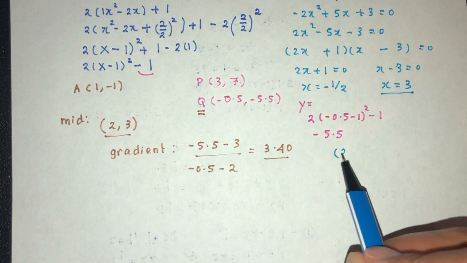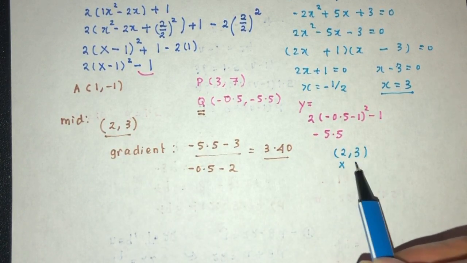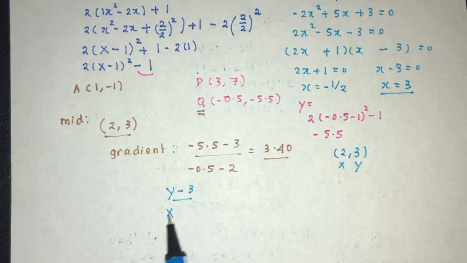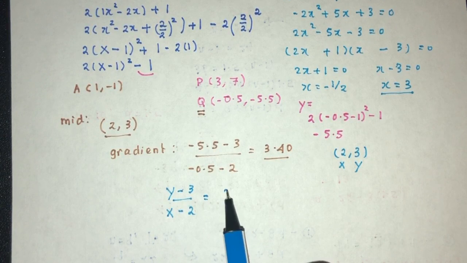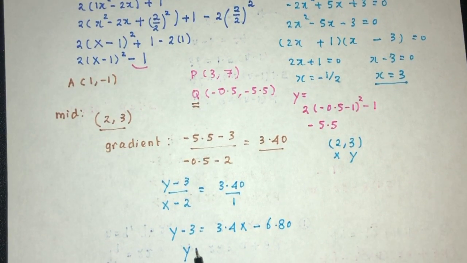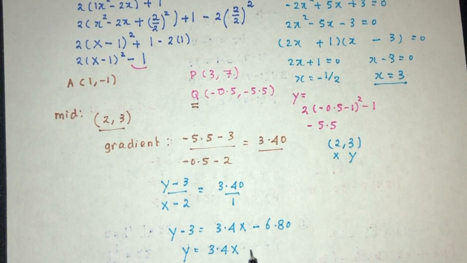So we have the passing point 2, 3. That will be x, y. So y minus its corresponding value over x minus its corresponding value should be the value of the gradient. We can just cross multiply. You will have y minus 3 is 3.4x minus 6.80. So simplify, y will be 3.40x minus 3.80.